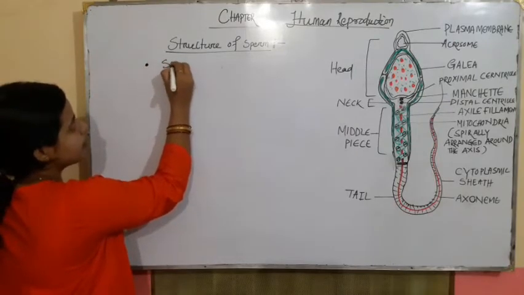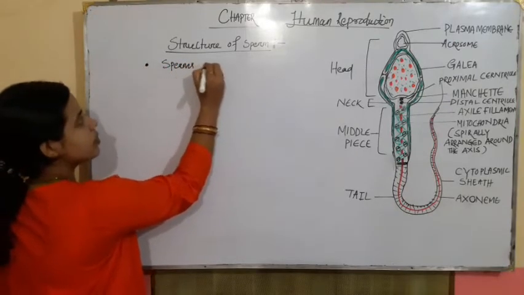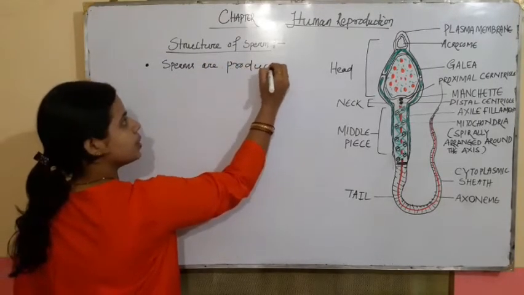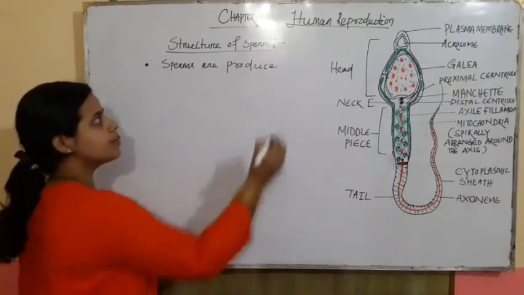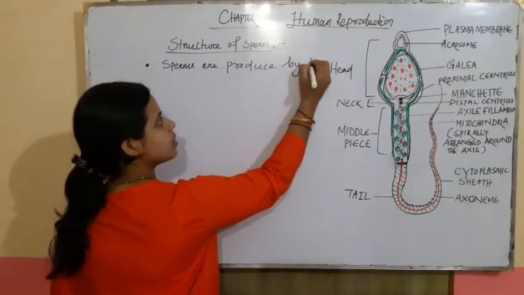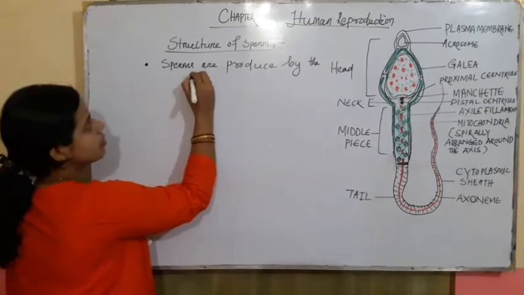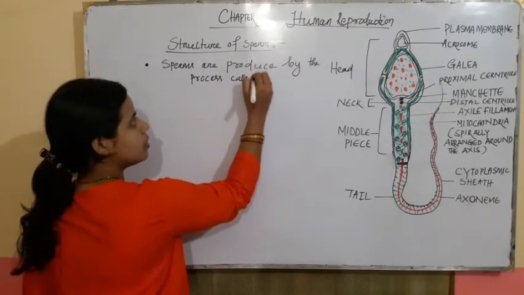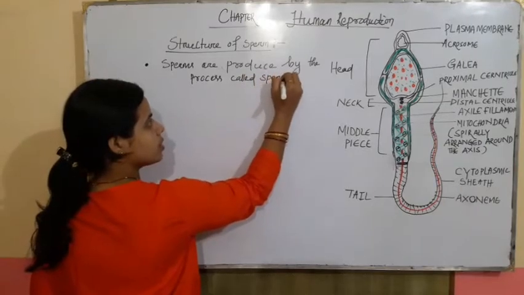So sperms are produced by the process called spermatogenesis.